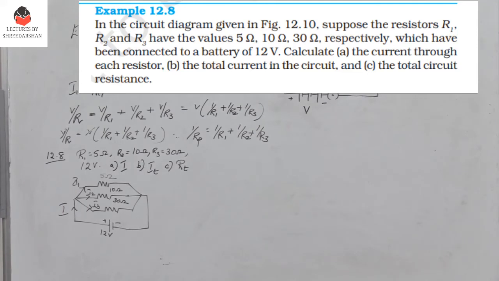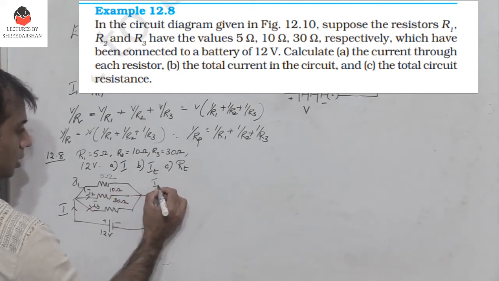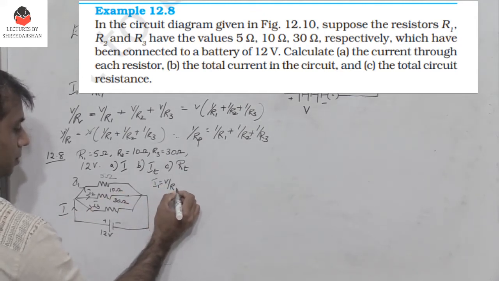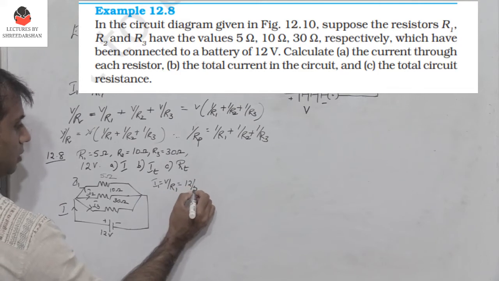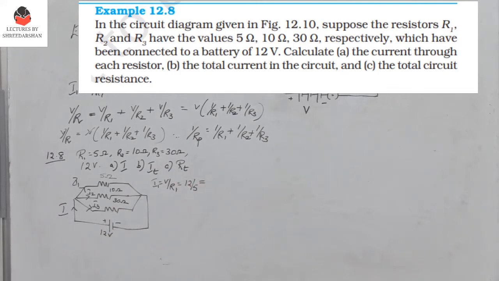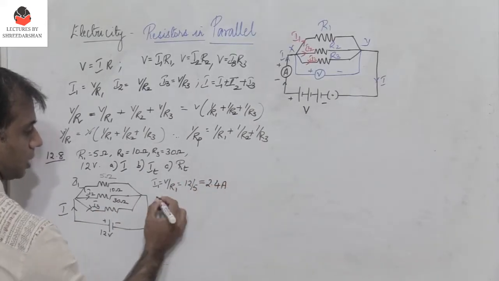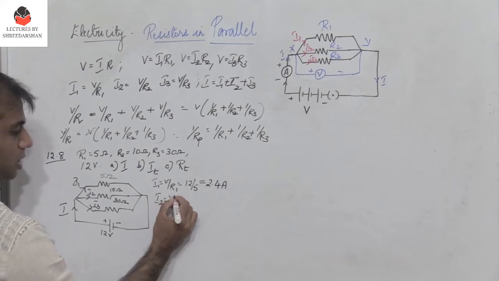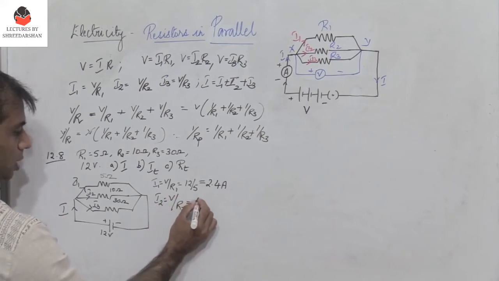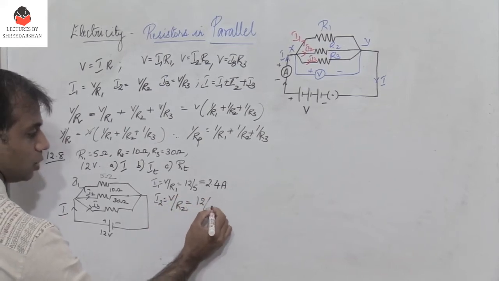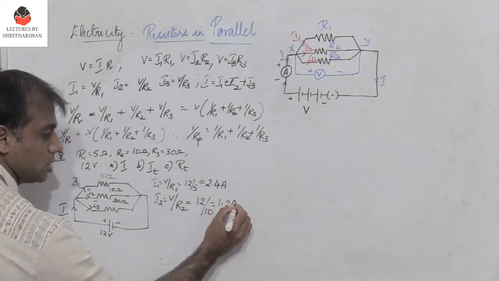So now the question is, I need to find I1, I2 and I3. So what is I1? I1 is V by R1, which is 12 by 5. So what is 12 by 5? 12 by 5 is 2.4 amperes. Next, what is I2? V by R2, which is again 12 by 10, which is 1.2 amperes.